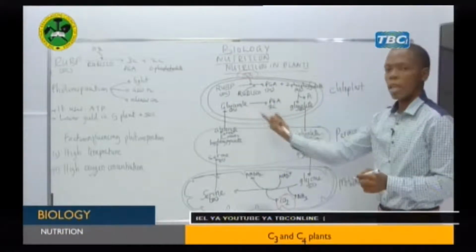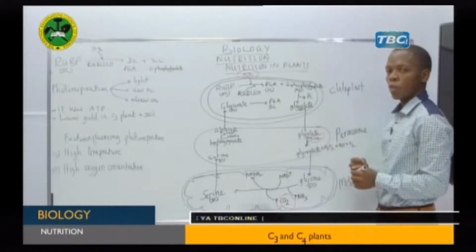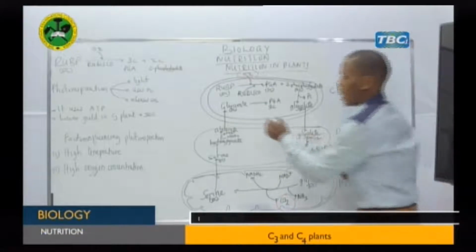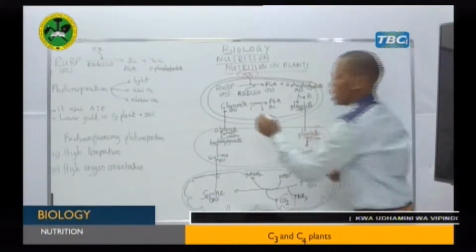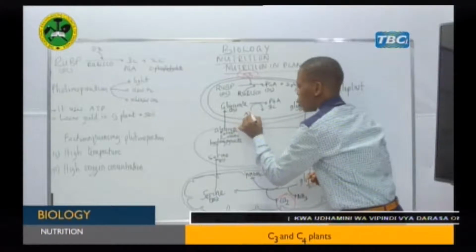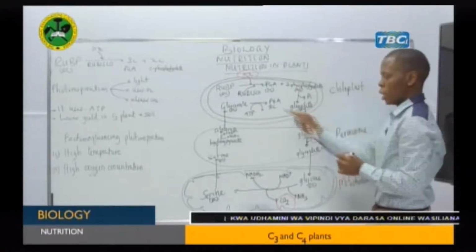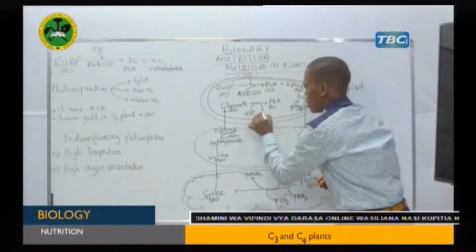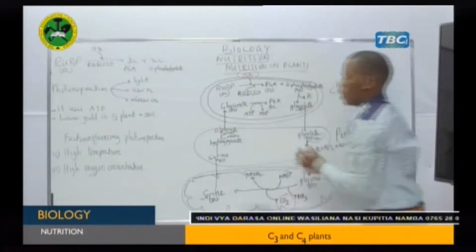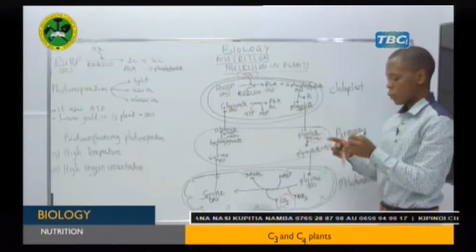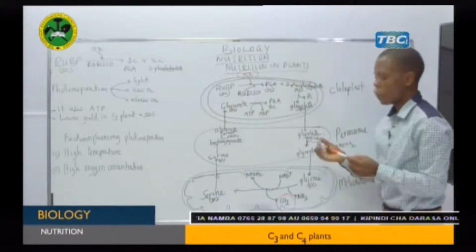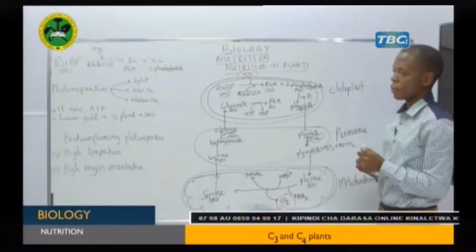But conversion of this glycerate requires energy. Where does this energy come from? It comes from ATP. It means during this process, ATP is used to produce ADP. It means inorganic phosphate is added to this compound so as to form the so-called phosphoglyceric acid.